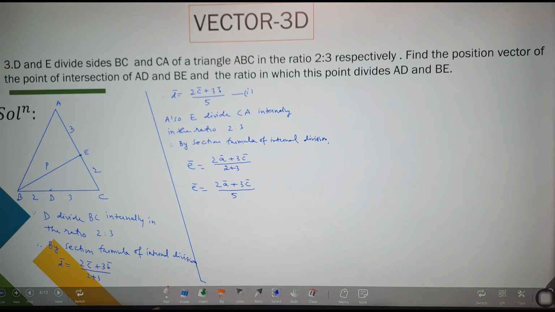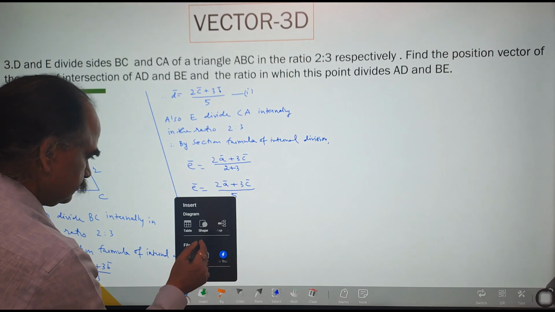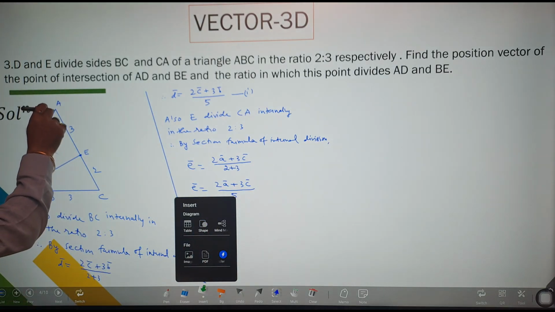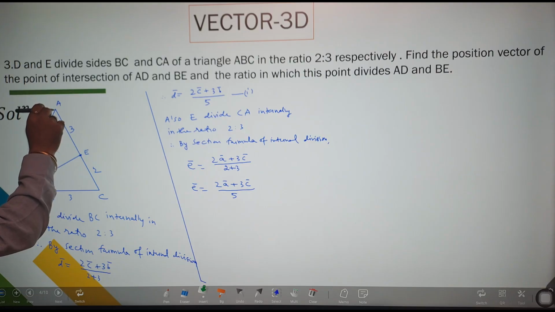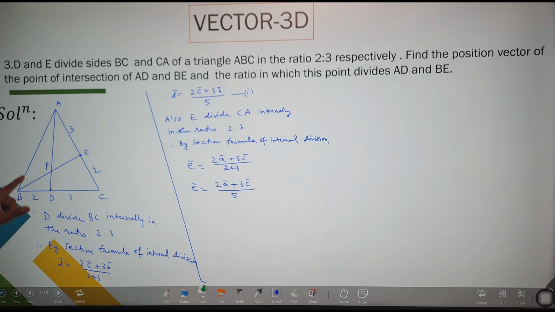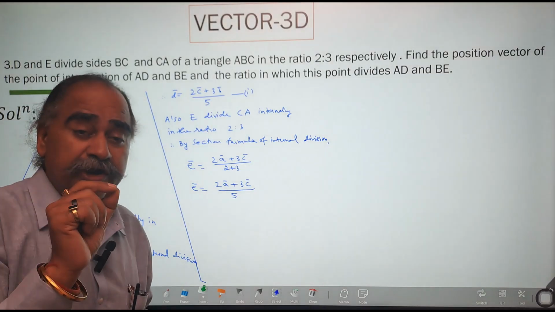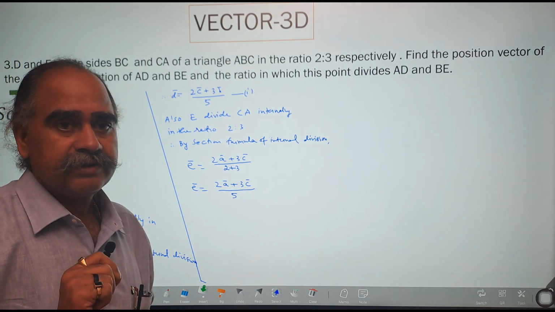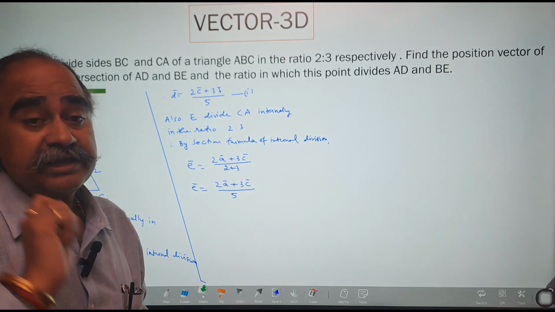Now we have to find the ratio in which P divides AD and BE. So P is the point of intersection of AD, BE.